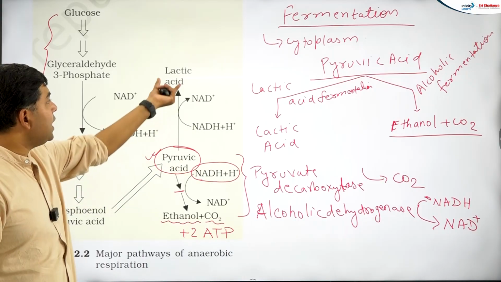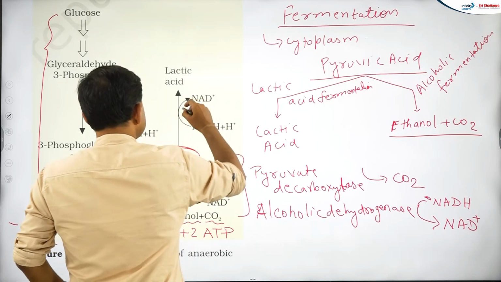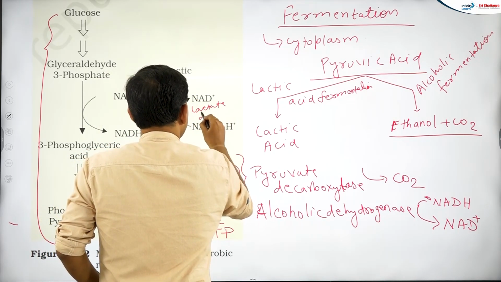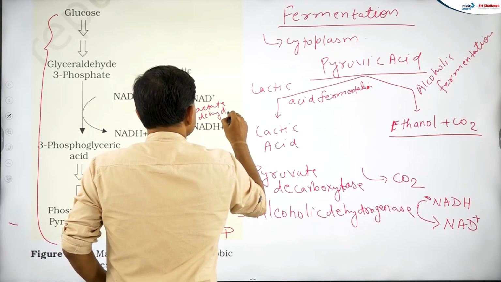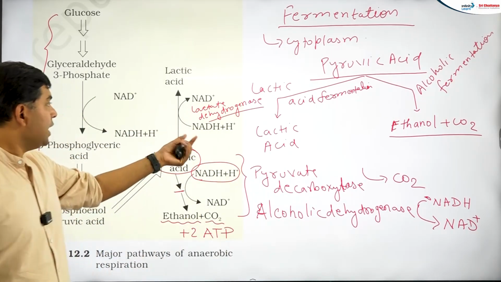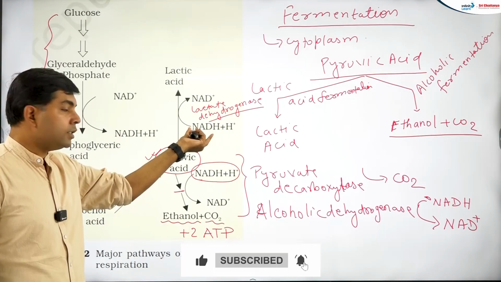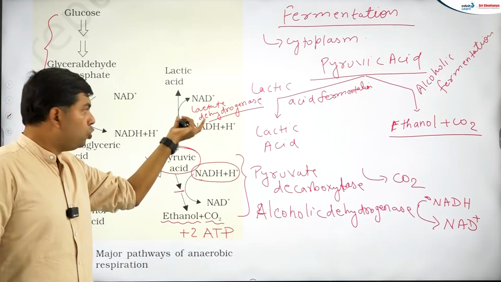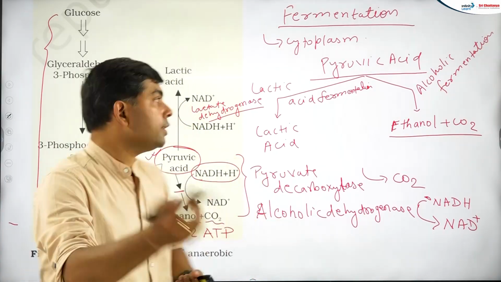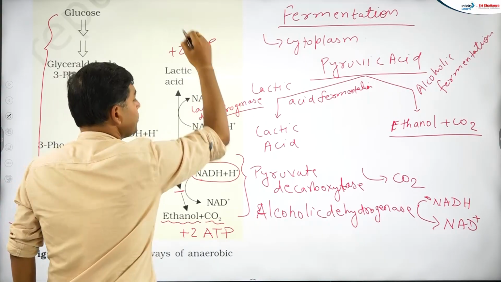Similarly, if it follows the lactic acid pathway, here again the enzyme involved is lactate dehydrogenase. And this lactate dehydrogenase again consumes NADH. So the 2 NADH which were present will again be consumed, and the net ATP produced will be 2 ATP, right?